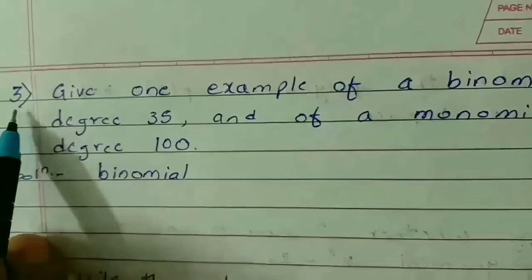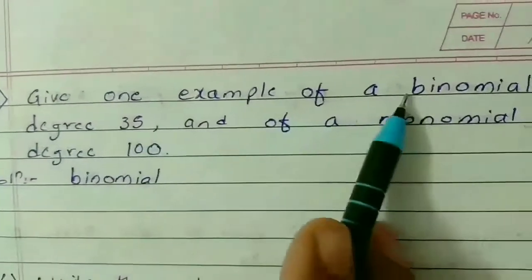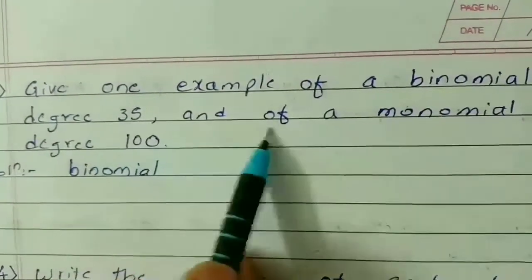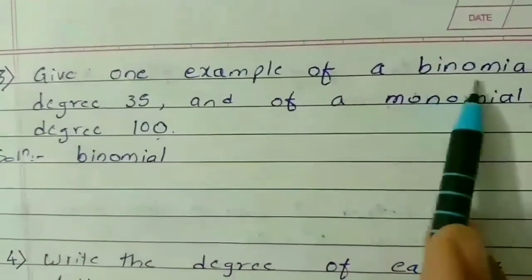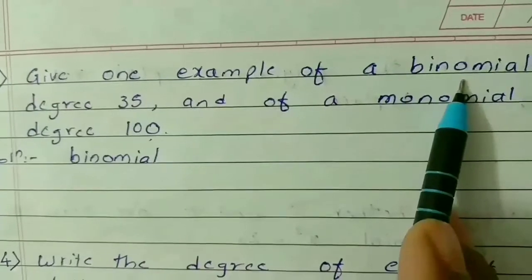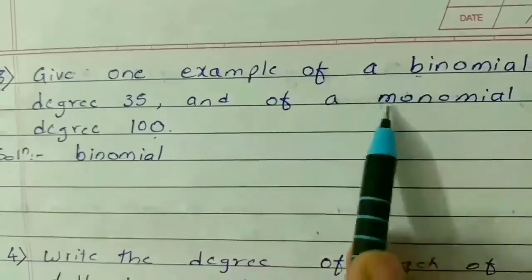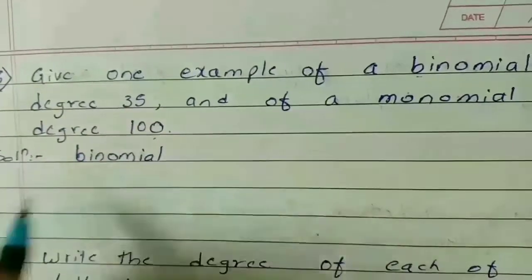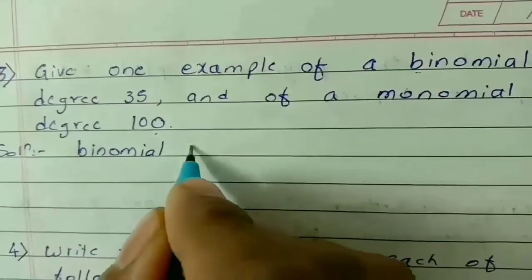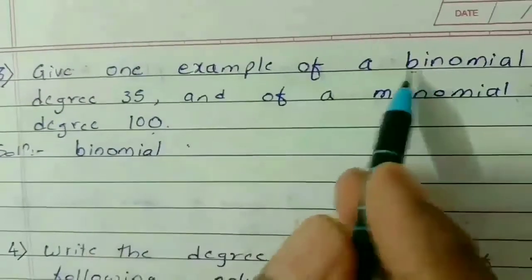Example 3. Give one example of a binomial of degree 35 and a monomial of degree 100. We have learned earlier binomial has two variables. Bi means 2 and monomial means 1, so it has one variable. So you can give an example of binomial with degree 35.